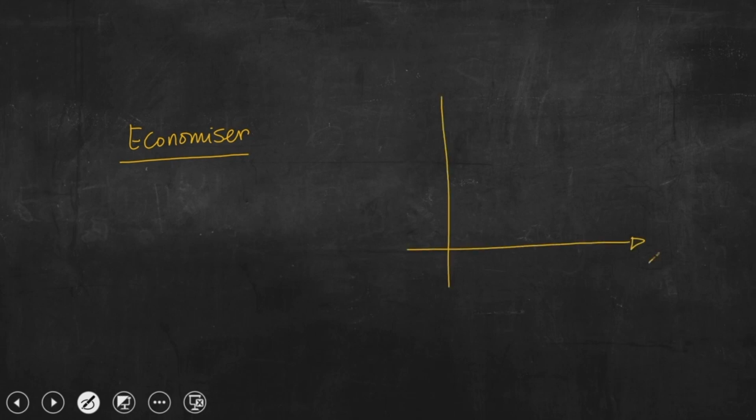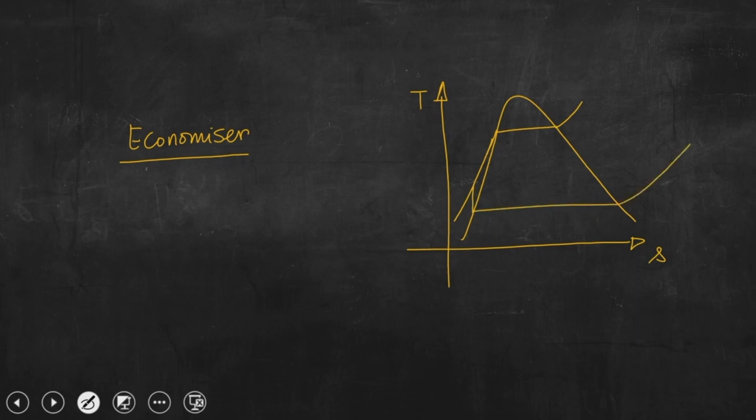So, if we try to draw the T-S plane, so this is 2, this is 3, this is 4, this is 1.